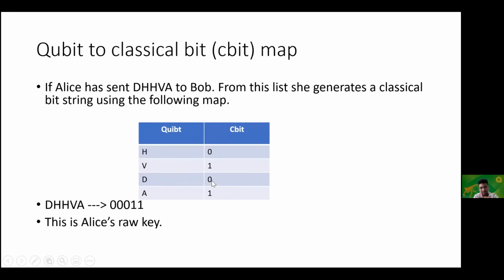So when you look at 0 and 1 on the right side, you don't know whether it's coming from the HV basis or the DA basis. You just know that it's 1 or 0. So for example, if Alice sends photons D, H, H, V, A, and you use this translation table, you will know that her raw key is like this, 00011.